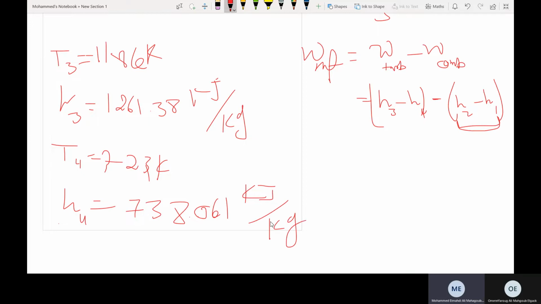So this is kilojoules per kilogram for the H4. But what is the state of this point? Is it actual or isentropic?